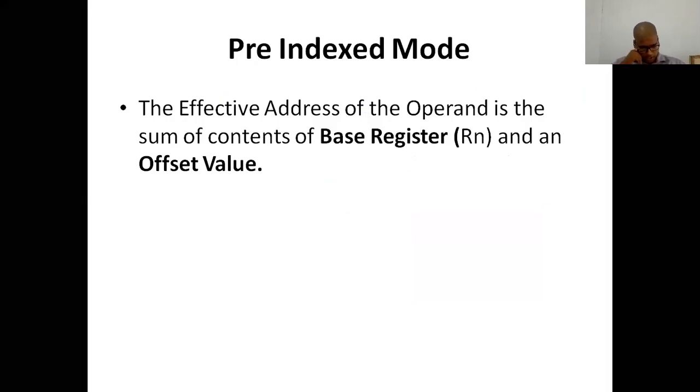So how can I get this effective address? Here the effective address of the operand is obtained by summing the base register and an offset value.